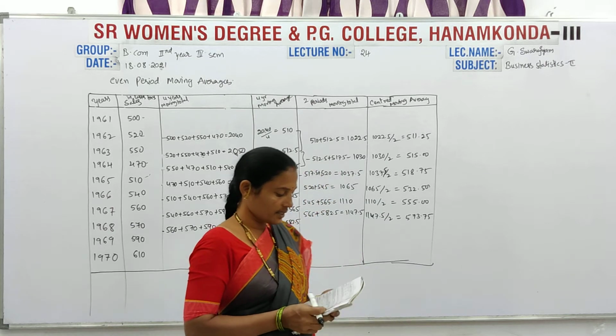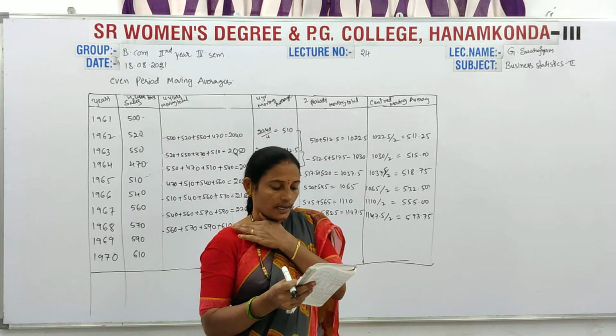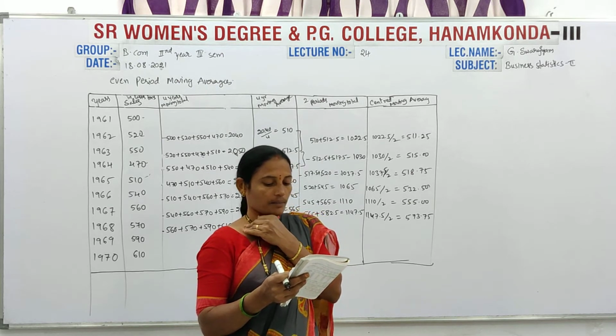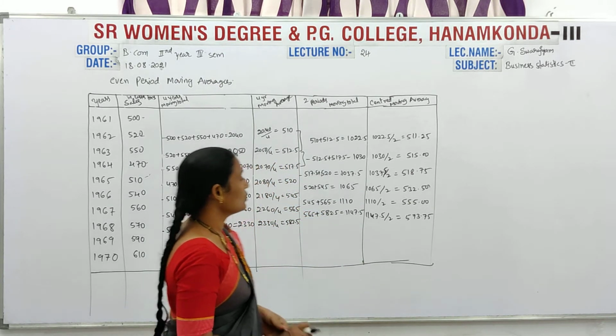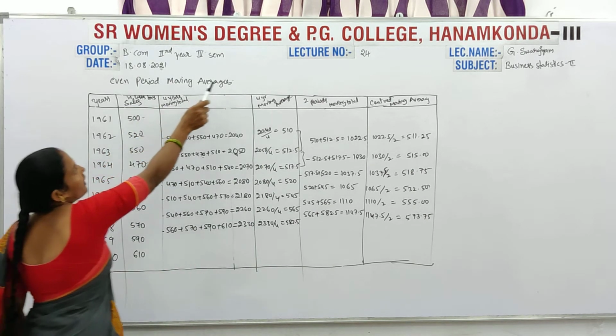Okay, this is the even period moving average, the 4-year cycle method. This is the process of calculating even period moving averages.